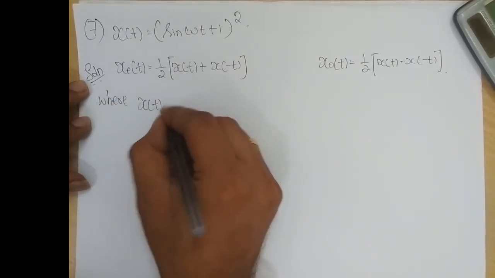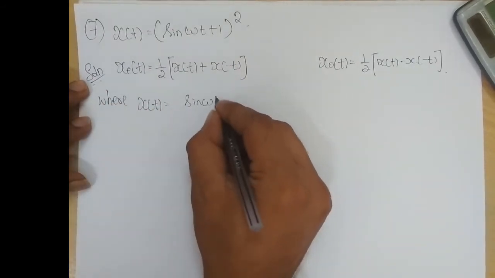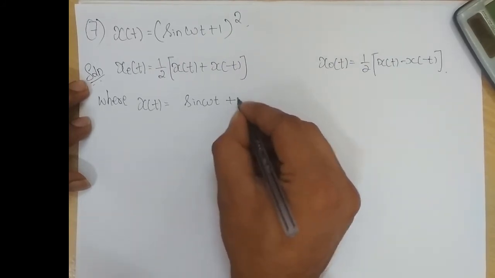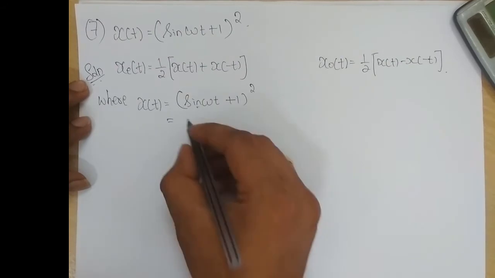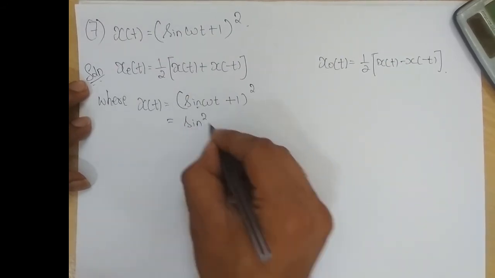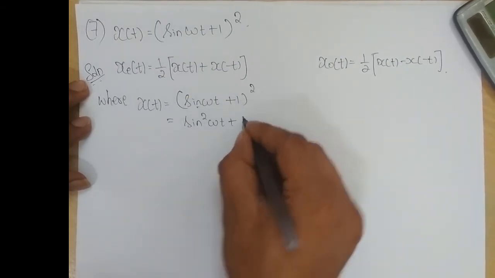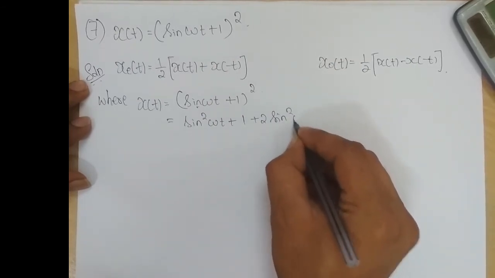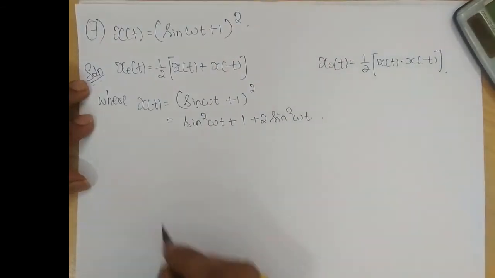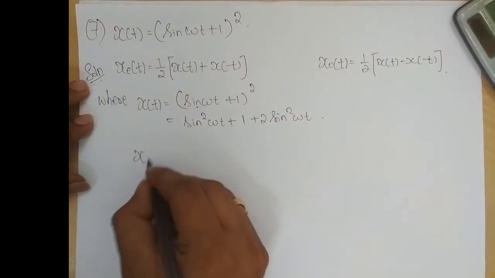So where x of t is what? Sine omega t plus 1 whole square, but we shall simplify this, a plus b whole square, right? So a square, sine square omega t, plus b square plus 2 into a, sine omega t, into b is 1, right? And what about x of minus t?